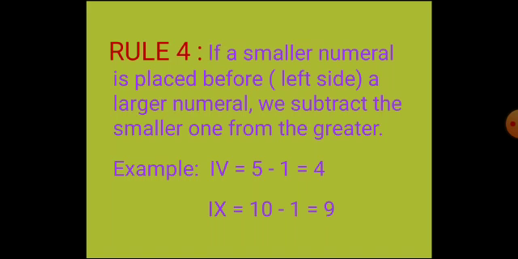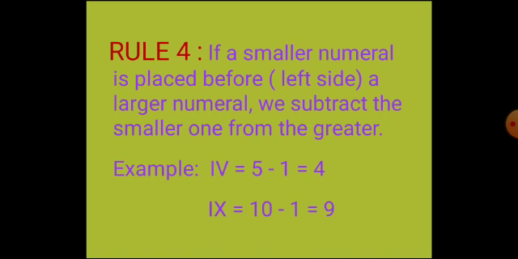Next, one more example. IX. Here what is the larger value, children? Yes, the X symbol has the larger value. What is the value of X? Yes, it is 10. What is the value of I? That is 1.